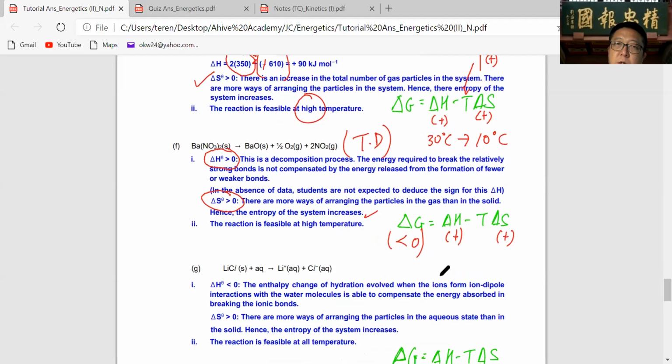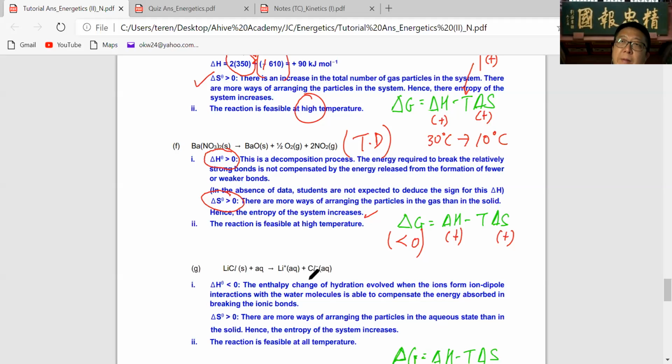Okay, G over here is your lithium chloride solid changing to Li plus and Cl minus. So this is your hydration, right? You can see from here gas to aqueous. So your enthalpy is less than 0. This is the enthalpy change of hydration, involved when the ion-dipole interaction is able to compensate for the energy absorbed in breaking the ionic bond.